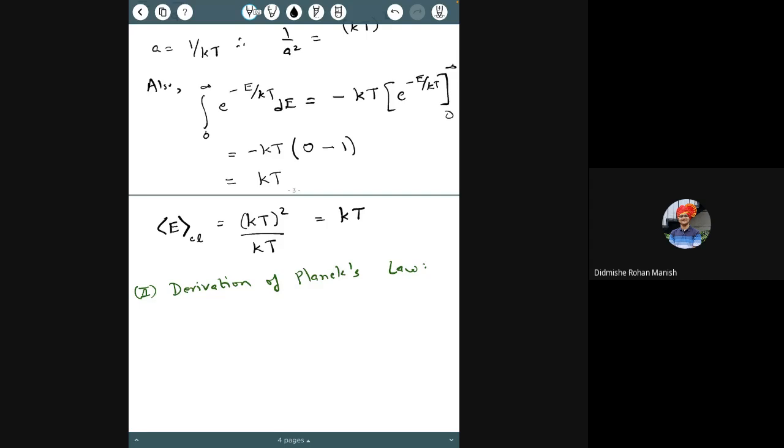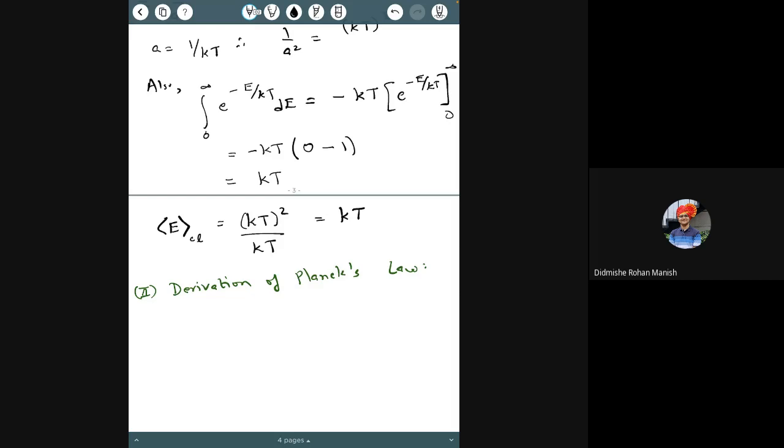Yeah. So if you have a different body, this average energy will change if it's at a different temperature, for example. So this average is not for the light itself; it's for the body emitting the light. So this is what I was not clear about last class, leading to all the confusion, I think. So I hope it is clear now. It is the average energy emitted by the black body in the form of light. I think that solves the problem.